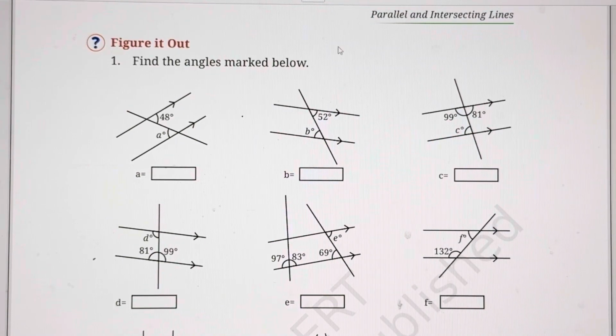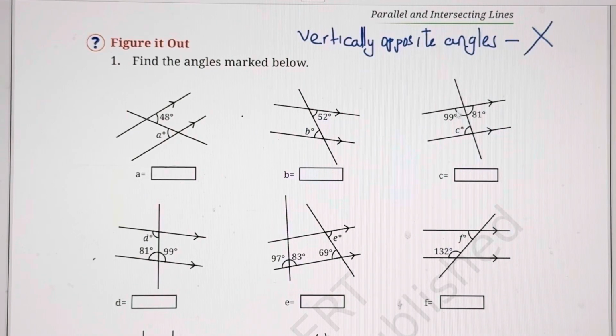Before we start solving this, I just want you to learn a few symbols for each type of angle. Suppose you want to identify vertically opposite angles, you need to look for the symbol X. Suppose you see an X over here.